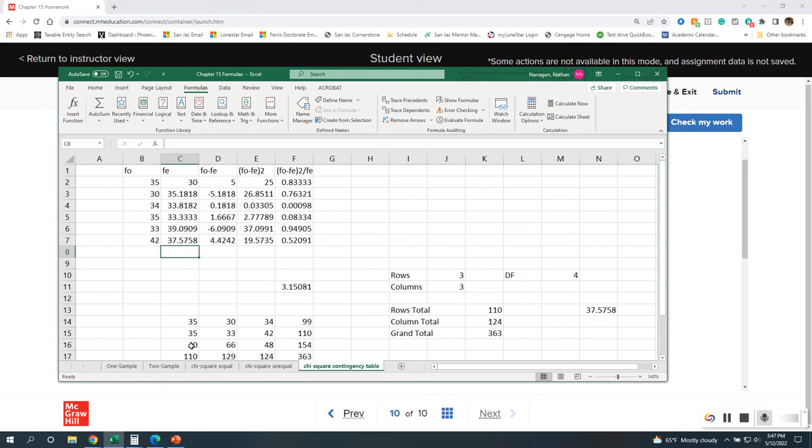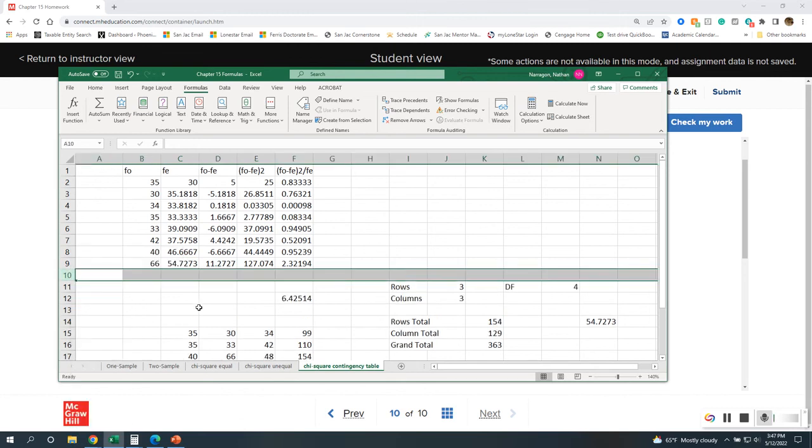Next, last row. So we have 40. And their row total was 154. Column total was 110. 46.6667. Column 129. So we have 66. 54.7273.